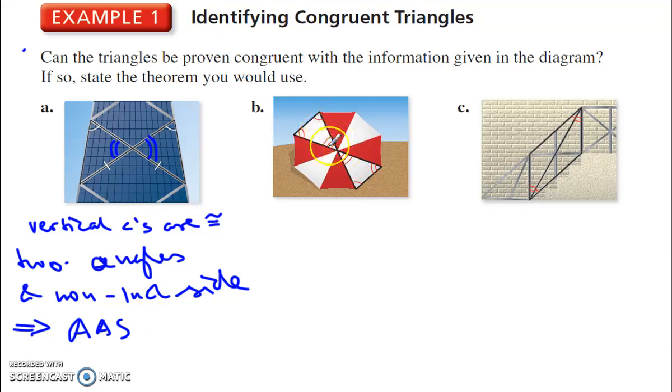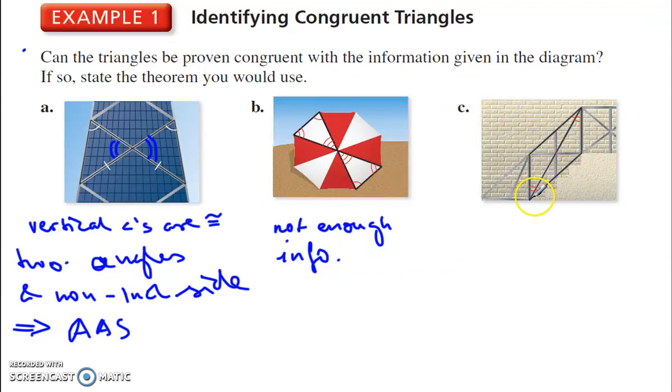Right here we know this angle is congruent to this one, vertical angles. We know these are congruent, but we have no sides. So since there are no sides, we have not enough information, because you could create a similar triangle using those angles that's much larger and has the same angles.